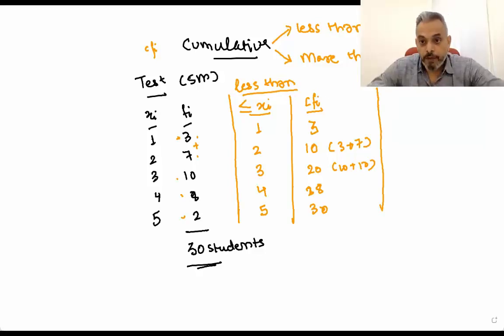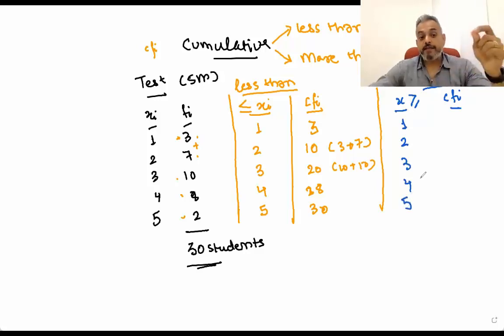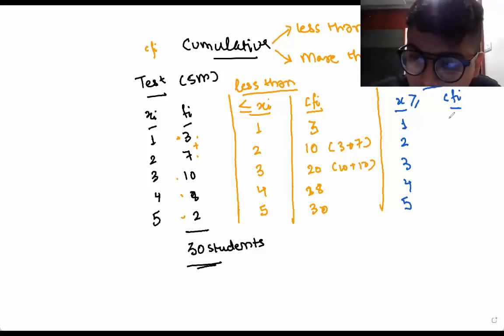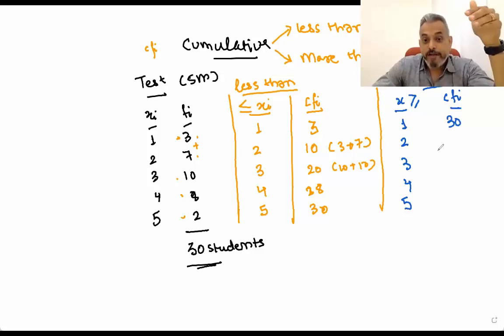Now if we go for more than type, so arrow goes to the right, more than equal to 1, 2, 3, 4, 5. ऐसे कितने स्टूडेंट है जिनके मार्क्स एक या एक से ज्यादा है? 30, पूरे का पूरा 30. 2 या 2 से ज्यादा है तो 27.